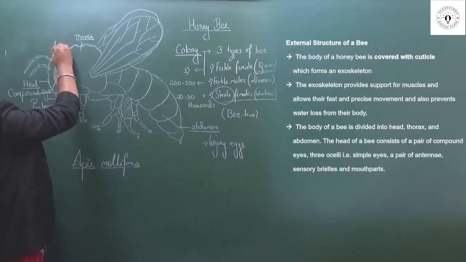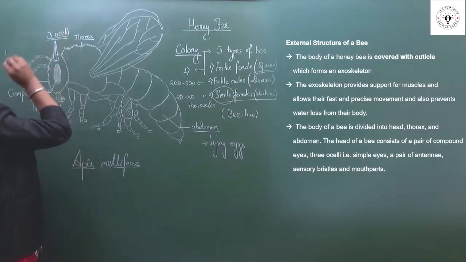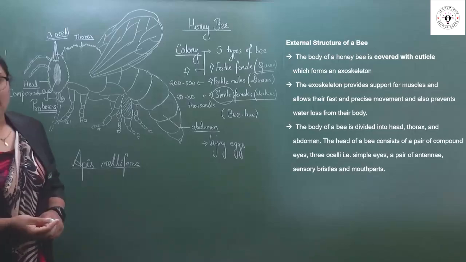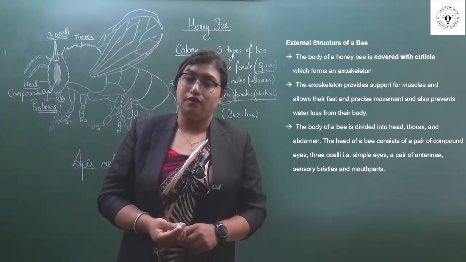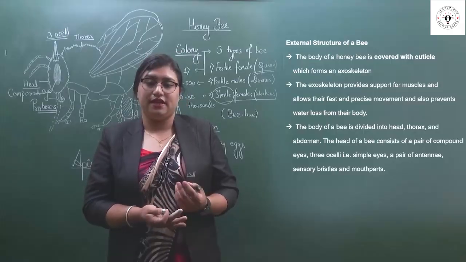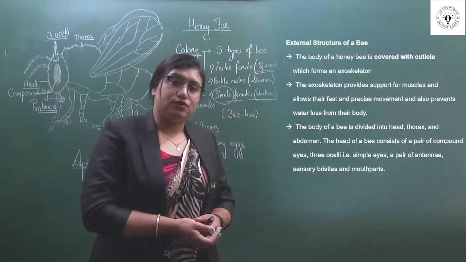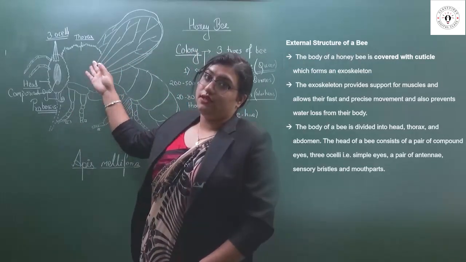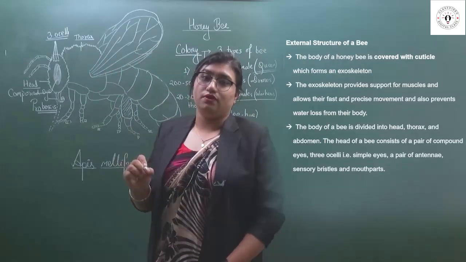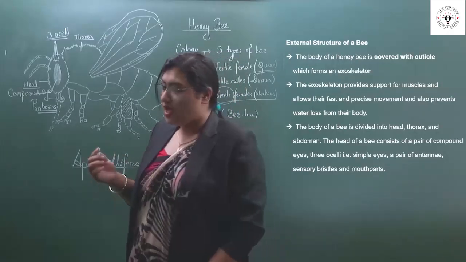Here, there are altogether 3 simple eyes which are known as ocelli. These are the simple eyes. The function of the ocelli is to determine light, or to respond to light sensitivity. Also, whenever it is dark, it lets the honeybee know about the darkness or lightness, or actually the intensities.